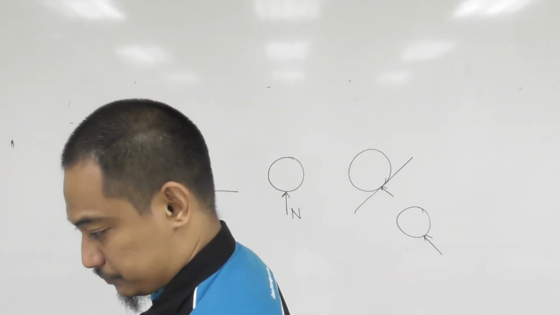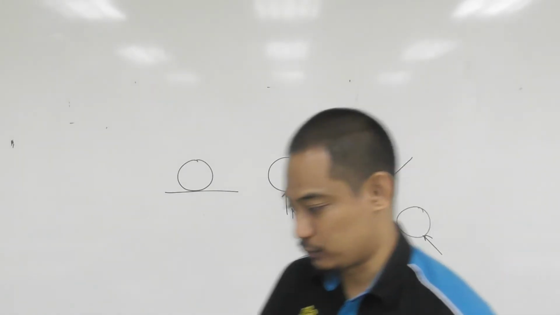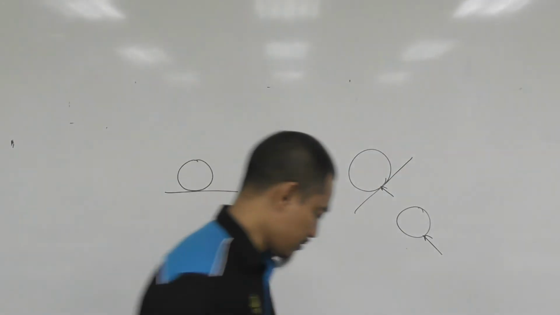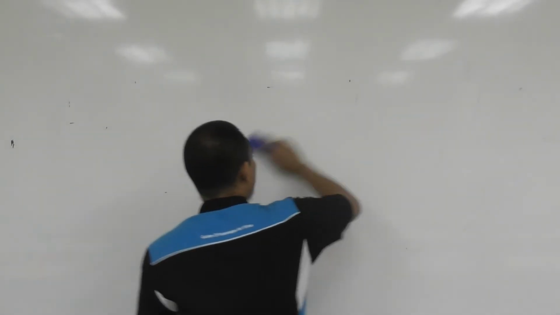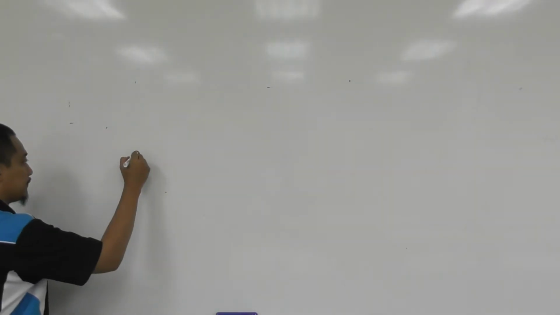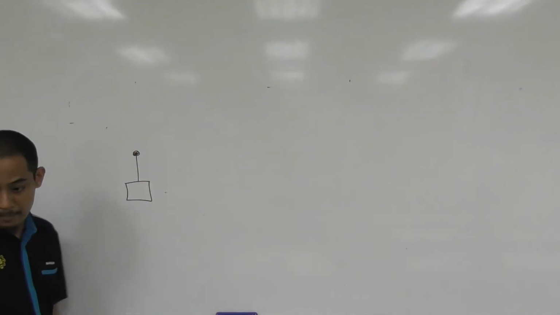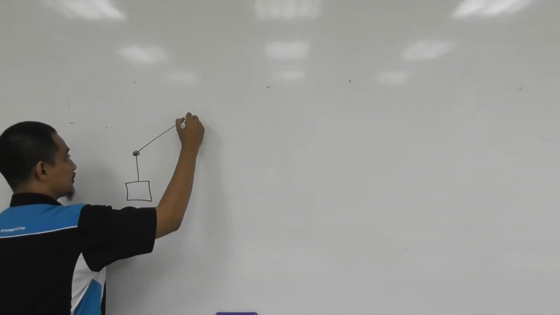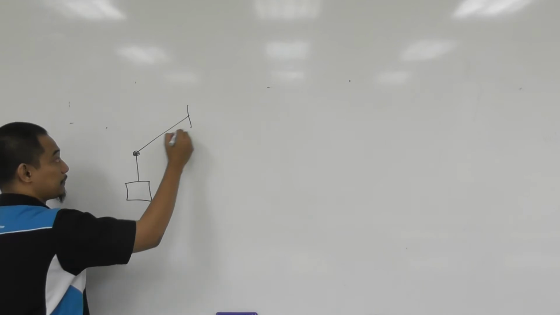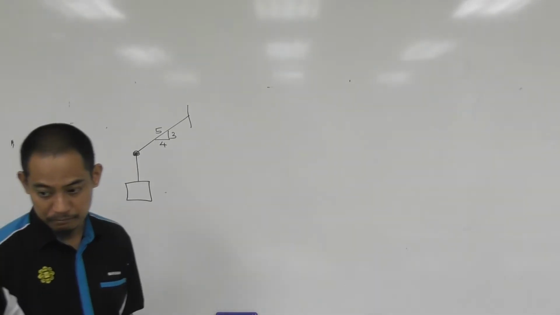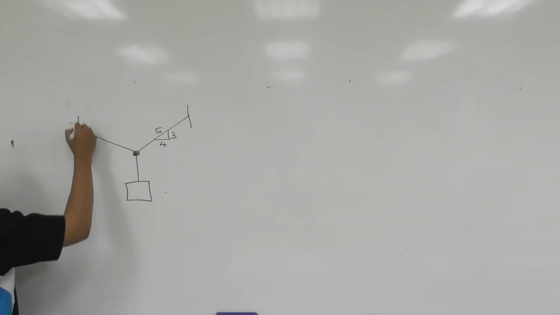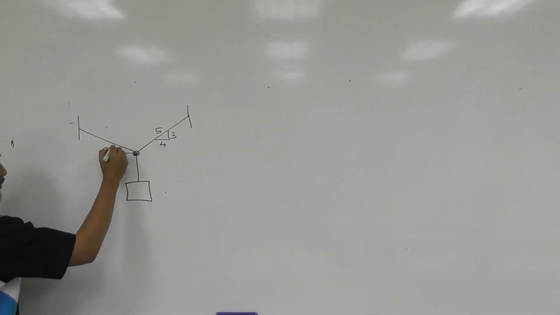Alright, so example 1. So we go to this example 1. We have something like this. We have a box here, and this is to something there where it gives you the angle of 3, 4, 5, and then here we have something with the angle of 30 degrees.